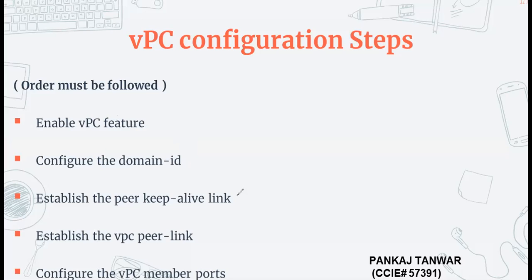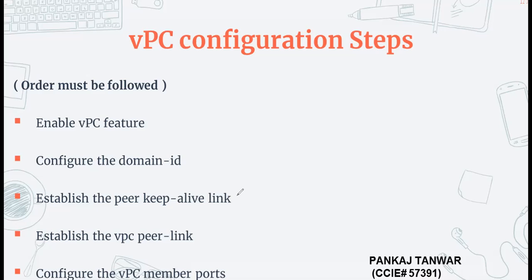In our VPC peer keep alive link, we can also do one thing that I forgot to mention. Let's say you have a layer 2 link between your devices and you create some SVIs and give some IP, and then you can give the connectivity. As I mentioned, for the VPC peer keep alive link, the most important thing is to have the connectivity.